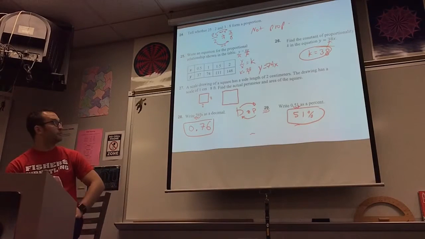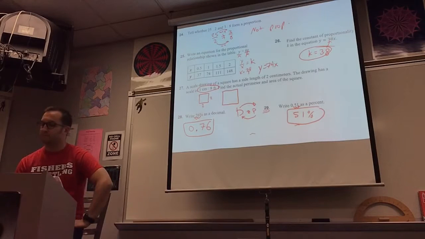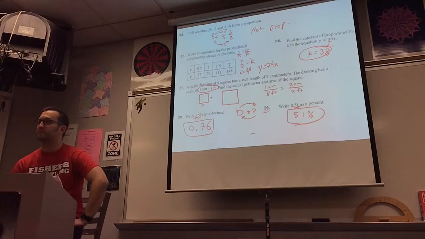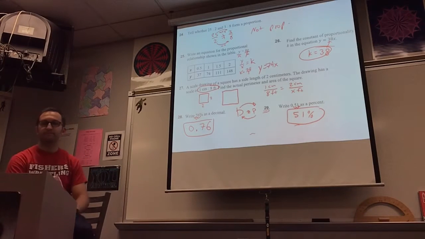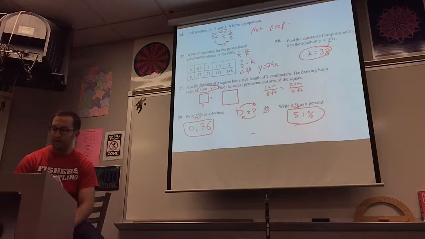Well, a couple different ways to do this. My scale is 1 to 8, which means that 1 centimeter to 8 feet is equal to 2 centimeters over how many feet? What is it? 16. So x is 16. 16 feet equals x.